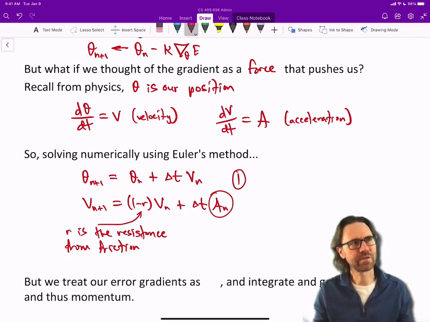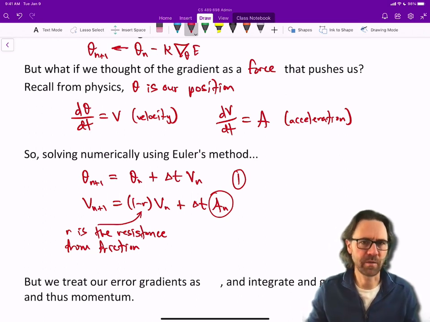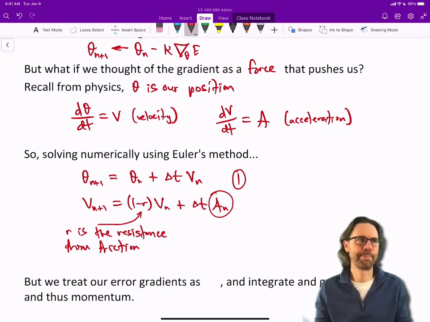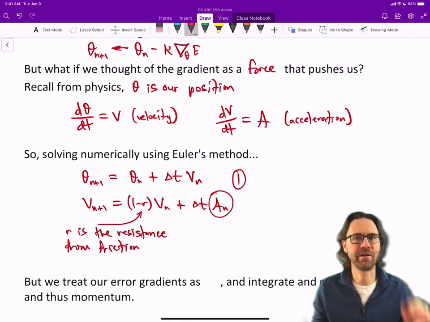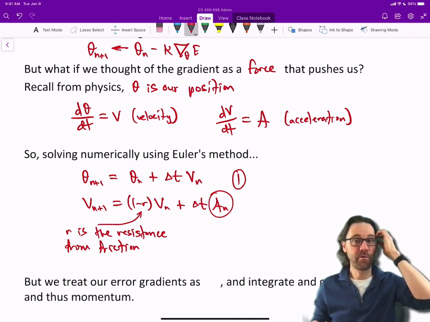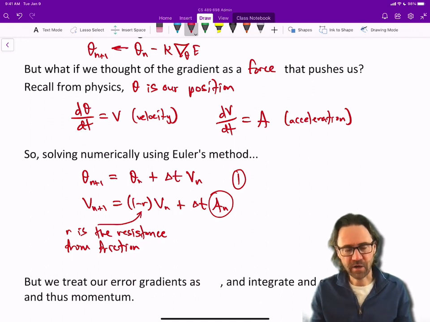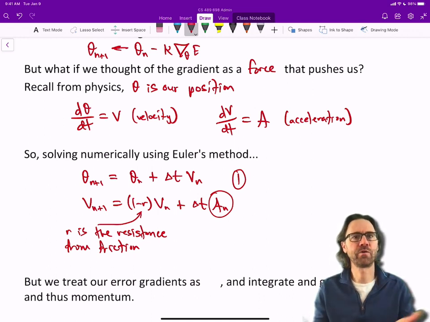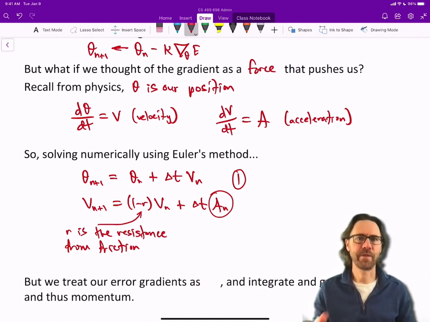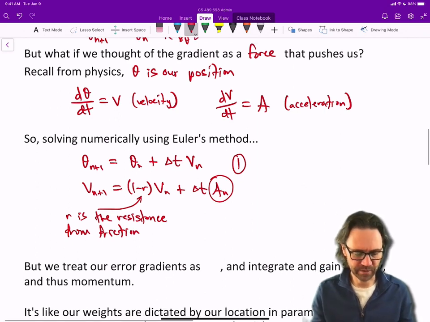Since the wheels don't slip so much, I guess you could make an argument that the wheels are accelerating you. Anyway, I don't want to get too much into the minutia of that particular metaphor, but that's how you would use Euler's method to update the velocity and the position based on acceleration.